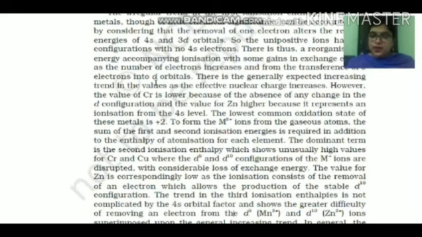What will be the reason, children? Because chromium, you all know, has atomic number 24, and exceptionally it has the electronic configuration 3d5 4s1. So the first ionization enthalpy will be lower because the electron is removed from the s orbital, and after losing one electron it gets a half filled stable configuration. So the first ionization enthalpy of chromium will be lower, but its second ionization enthalpy will be high because it will disrupt its stability, as the second electron is going to be removed from the d5 orbital.